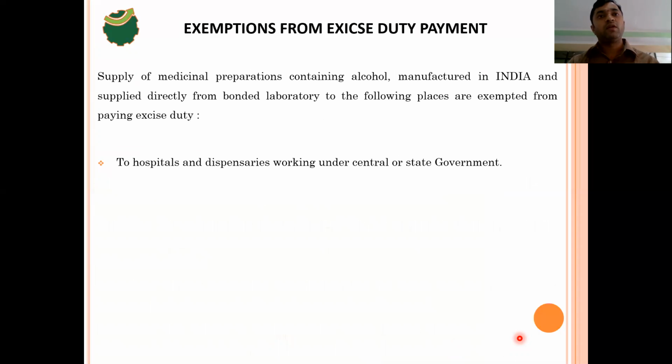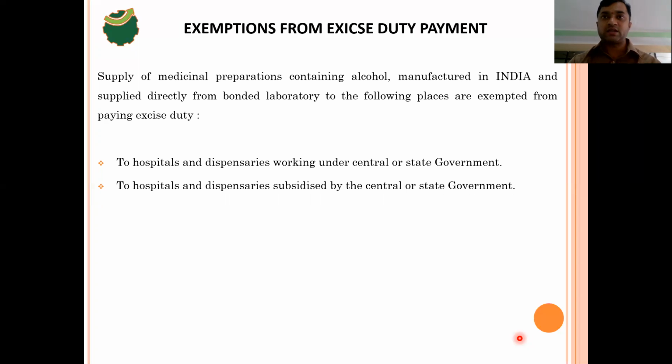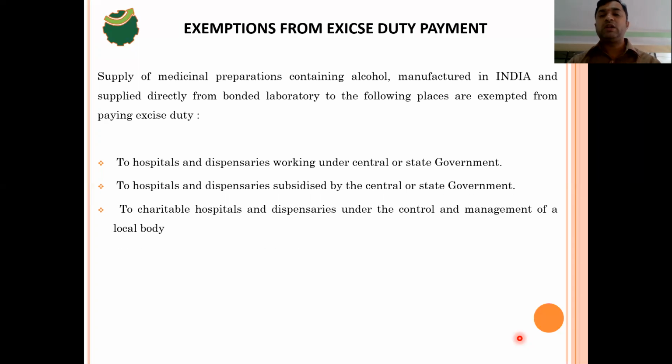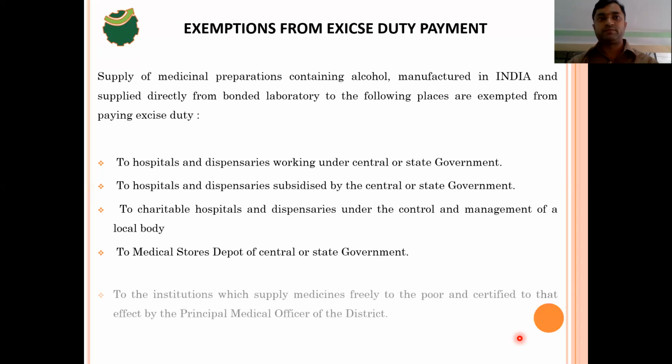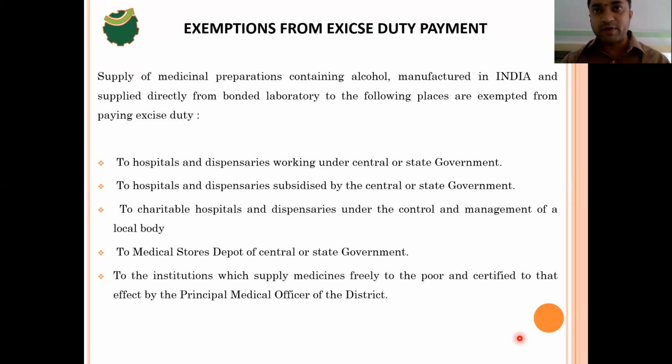Those are: hospitals and dispensaries working under the central or state government; hospitals and dispensaries which receive subsidies from the central and state government; charitable hospitals and dispensaries under the control and management of a local body; medical store depots of the central or state government; and institutions which supply medicines freely to the poor and are certified to that effect by the principal medical officer or chief medical officer of the district.